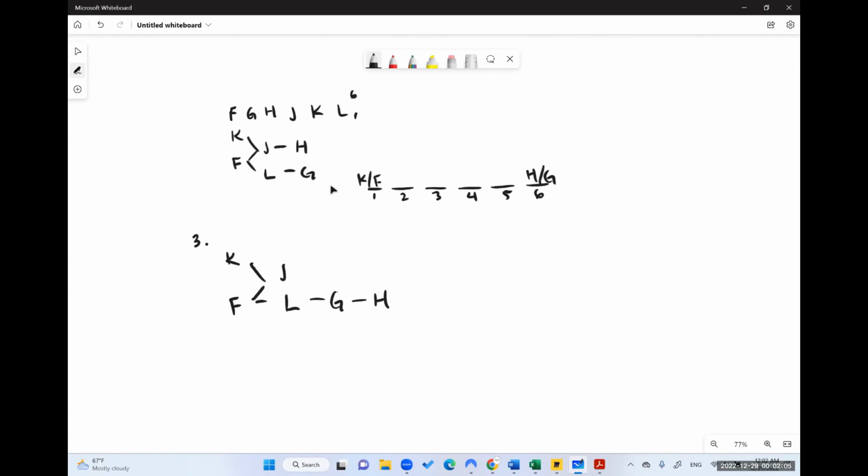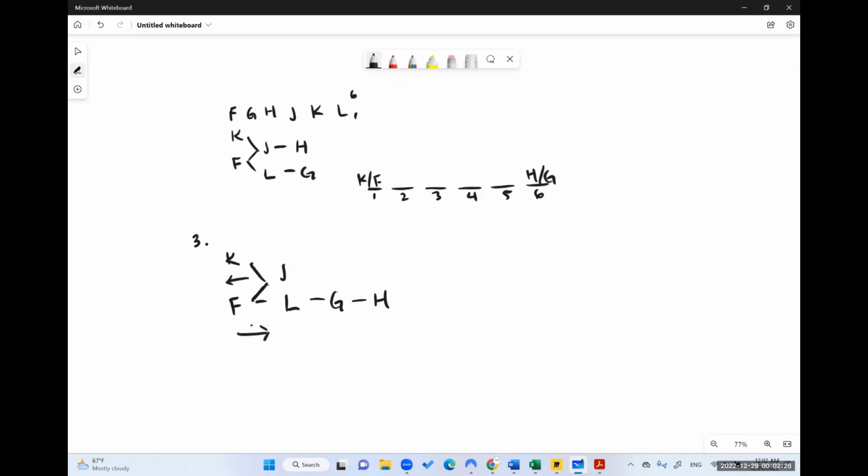Now remember, some people might think this diagram alone suffices, and that's enough to say that J goes before H, but that's actually not true. Based on this diagram alone, we don't know the relationship between J and H, because if we use the train track method again, to go from J to H, I would first go from J to F, which is left to right.